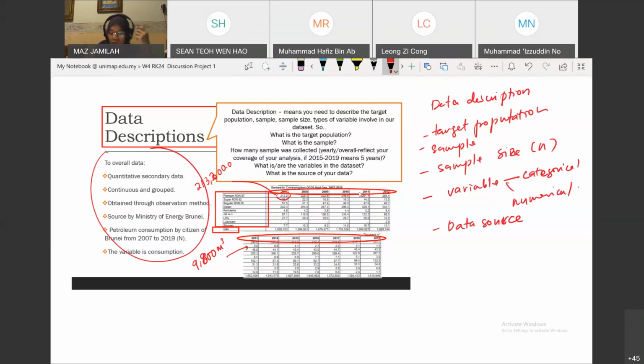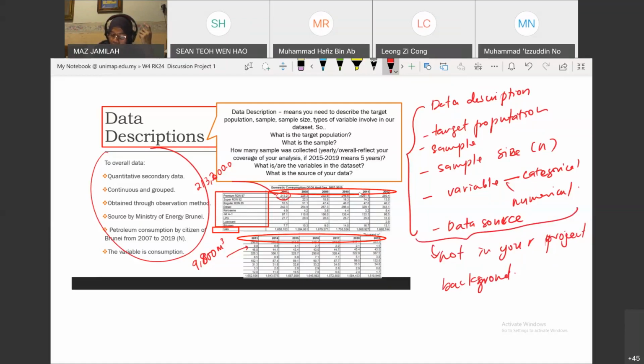Data source. So for this particular case, I don't want to see this in your project objective. Project background. All these will not be included in your project background. In your project background, at least give a good description of what the project is all about.